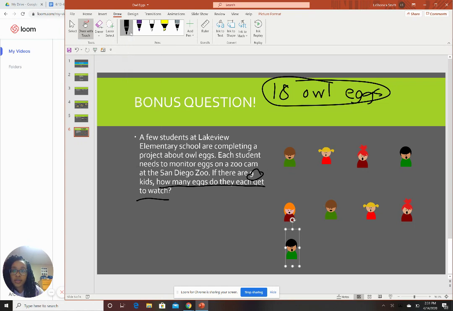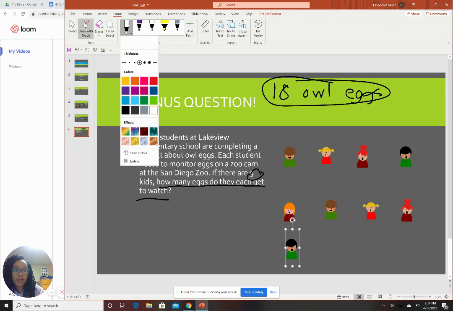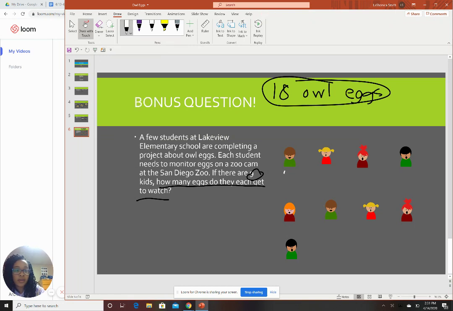Let's see. 1, 2, 3, 4, 5, 6, 7, 8, 9, 10, 11, 12, 13, 14, 15, 16, 17, 18. So as we can see, they each got 2 eggs.